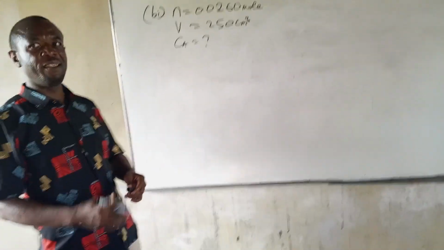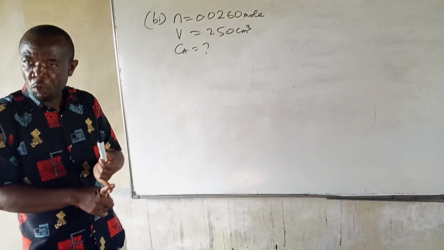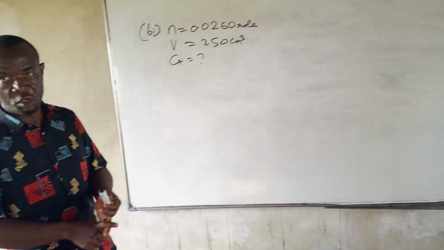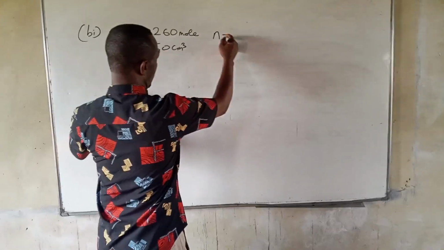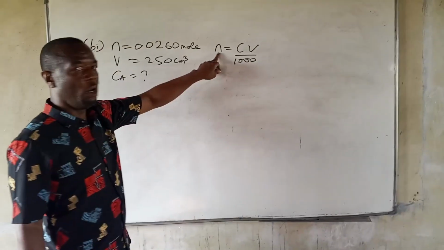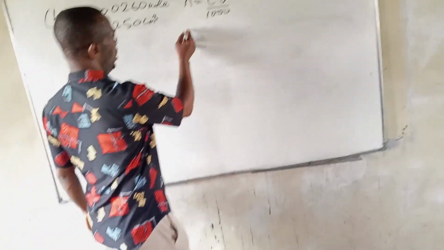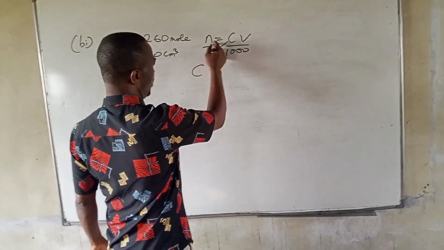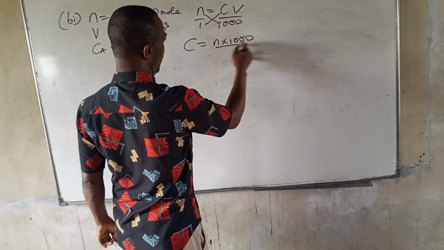We cannot apply CAVA over CBVB here because we don't know the acid name and we don't have a balanced equation. So we just apply the concentration formula, n equals CV over 1000, the form that contains mole, concentration, and volume. You make C the subject. C now becomes equal to n times 1000 over V.